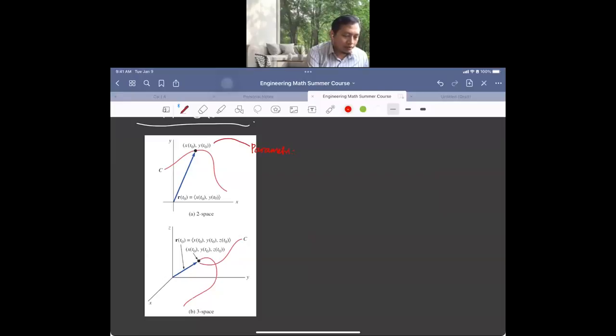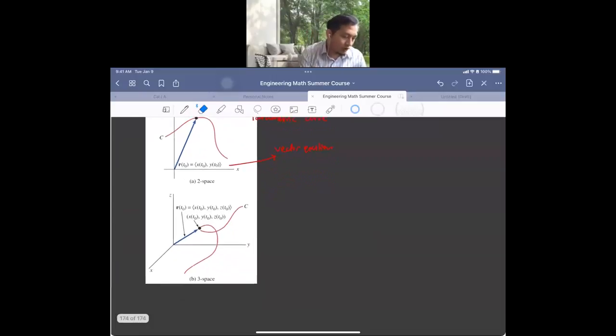This parametric curve has variable t, and we can set the vector positions according to this R. So R at t depends on the parametric x and y, with variable t.